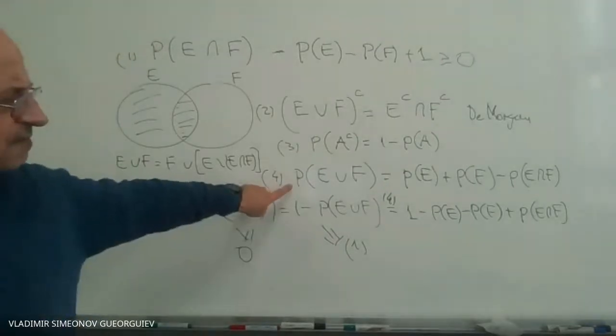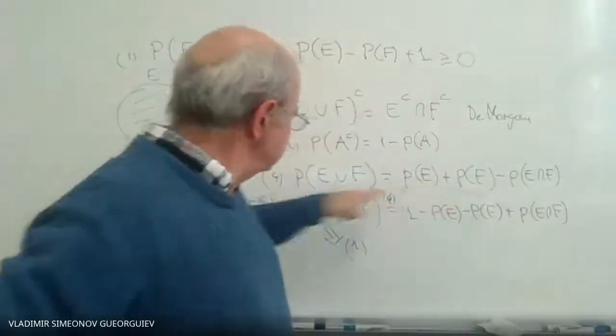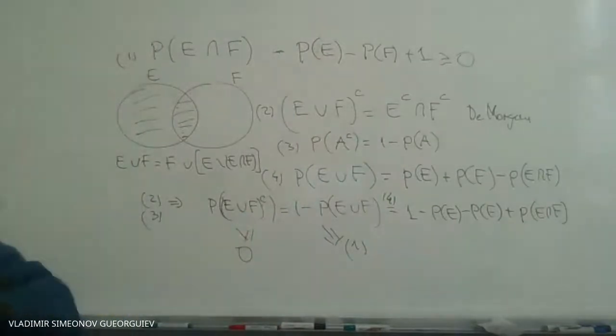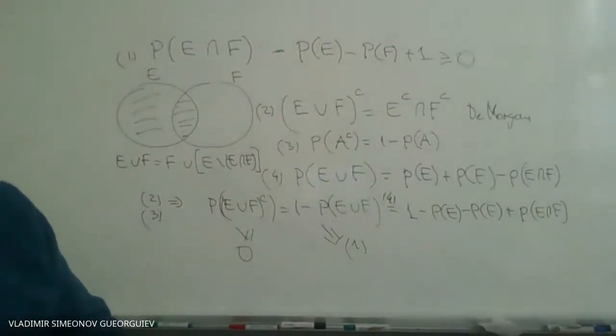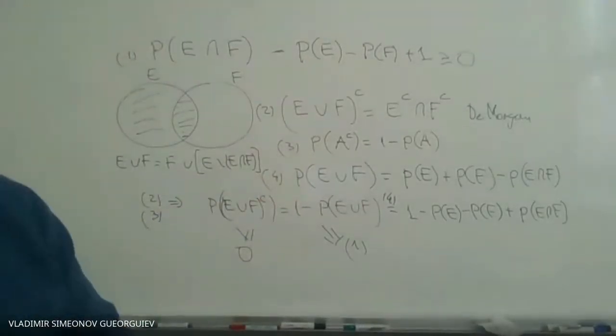Remember, if we have this, we know that when the intersection is empty, this is true. But I don't remember if we considered the case of non-empty intersection. So probably next time, please remind me to discuss formula 4.